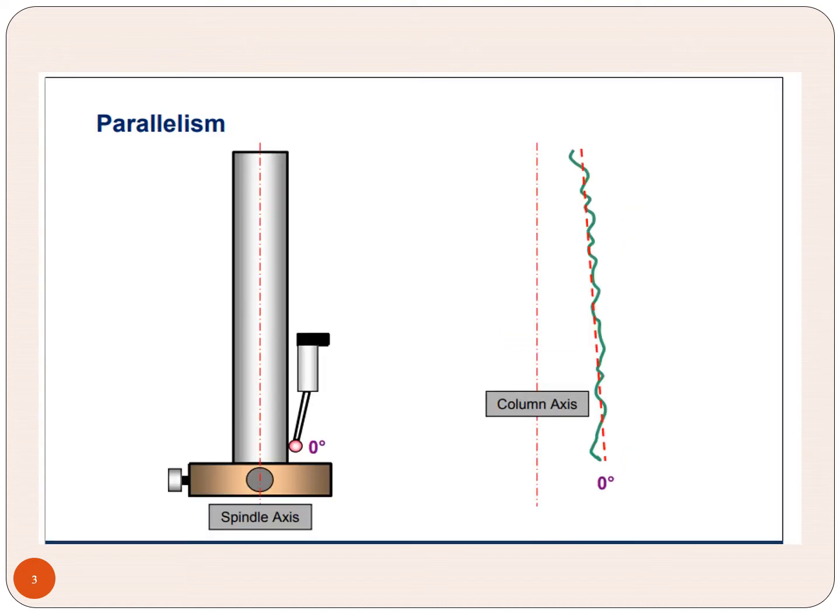Similarly, look at this parallelism. It is a single side parallelism. In the next slide, we will be seeing double side. Here also, by using the stylus, we are moving up and down, and we are checking that it is not parallel. The error is there. The spindle axis and the outermost contour layer, that is the circumferential contour layer, differ by 1 or 2 degrees.